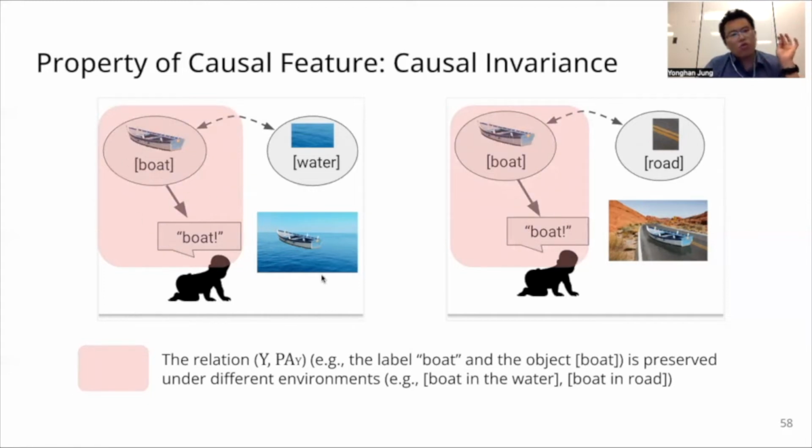For example, by manipulating the data, we can generate an image of a boat in the water, or a boat on the road, or a boat in the forest, or in space. We can make a lot of perturbed examples of the boat. But the relation between that boat object and the true label remains the same.